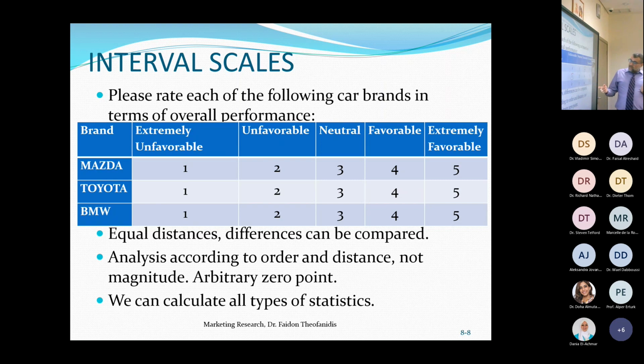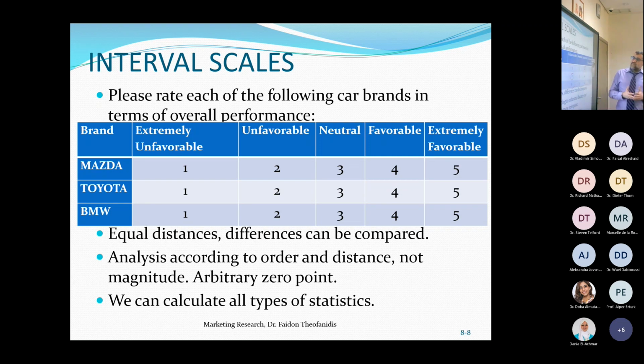Do I know the difference between the preference for BMW and Toyota? How many distances? 3: 1, 2, 3. BMW 5, Toyota 2.